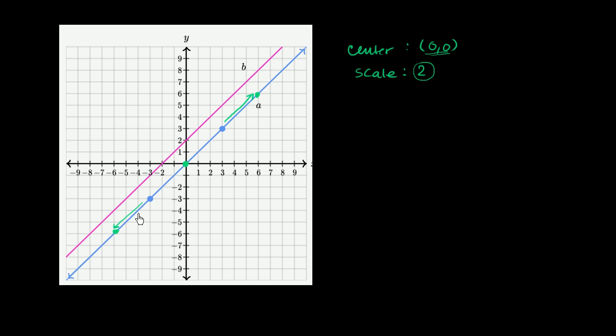So notice, when we picked a center of dilation that sits on the line, it really doesn't matter what scale factor we pick. We'll just essentially be stretching and shrinking the points along the same line. And since this line just keeps going on and on and on forever in both directions, it's really just going to map onto itself.